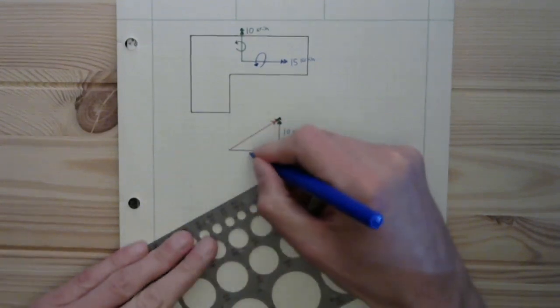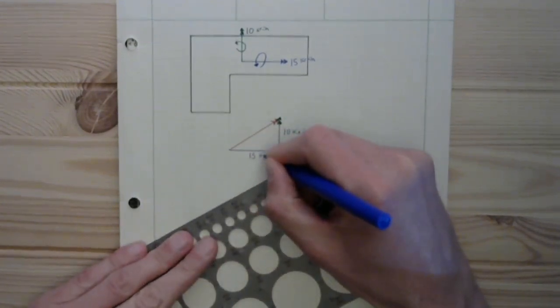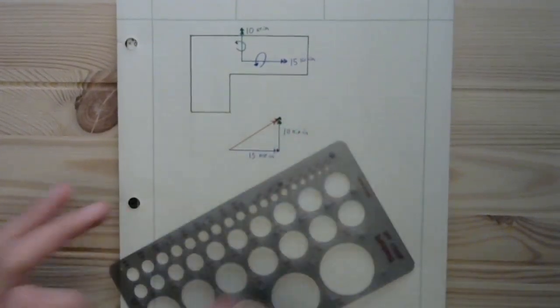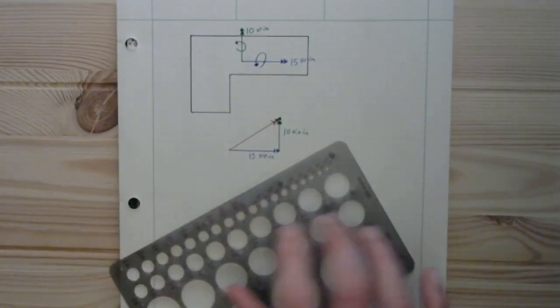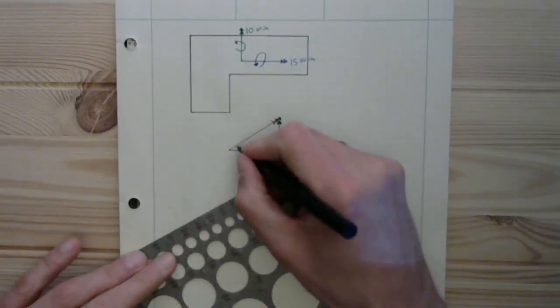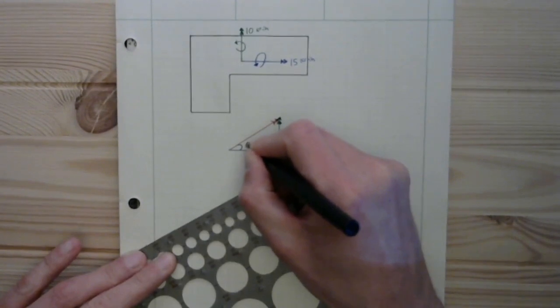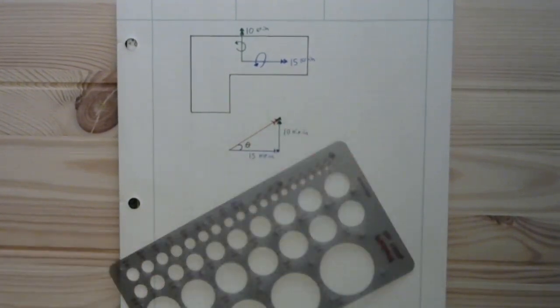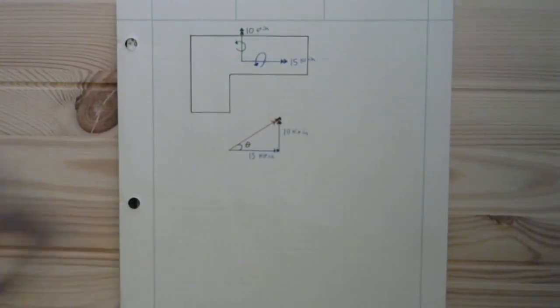And this is 15 right here, like I said, 15 kip inches. This angle, theta, will tell us how much we rotated.